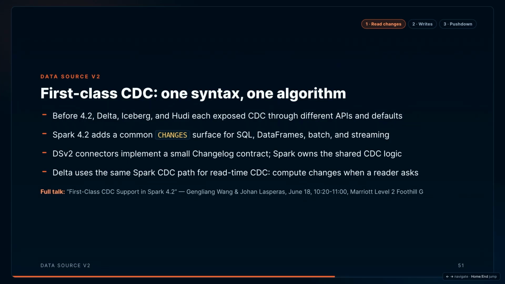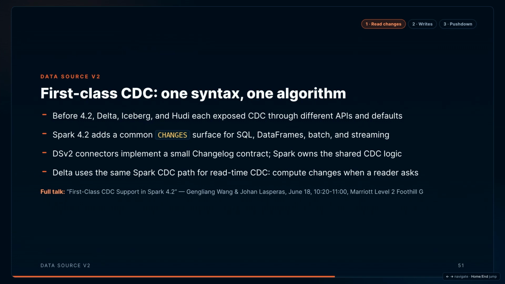So for first-class CDC, there will be a short version of Gengliang and Johan's CDC implementation talk on Thursday. That talk covers CDC on the consumer side, where we can use CDC inside SDP, but here is how we actually implement CDC inside the data source.